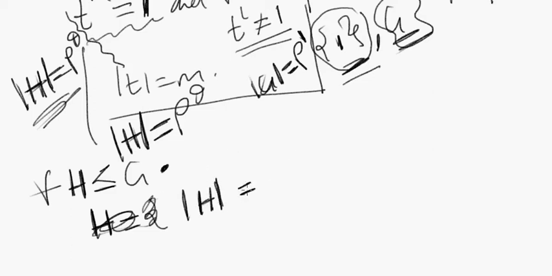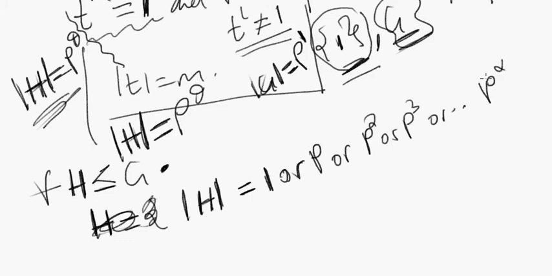We seem to be saying that the only possible orders are the identity, or p, or p squared, or p cubed, all the way up to p to the alpha. So this is what we appeared to be saying before. And we're saying, look, suppose we eliminate the options. Well, sorry, it's the other way around.